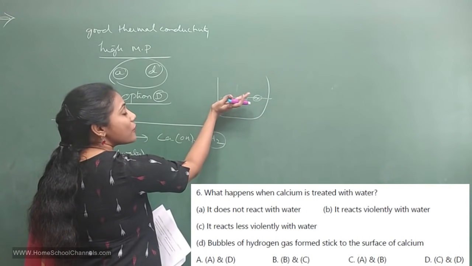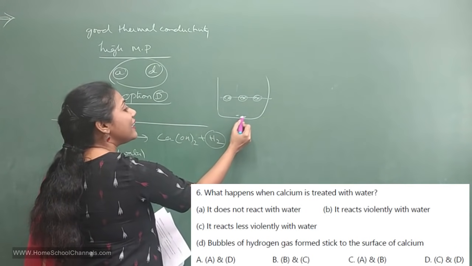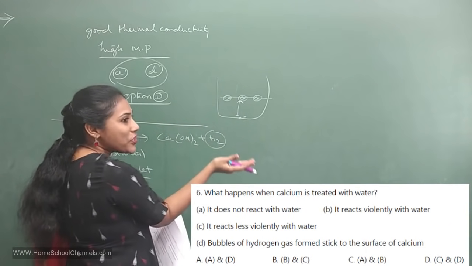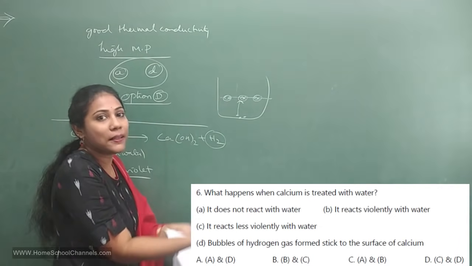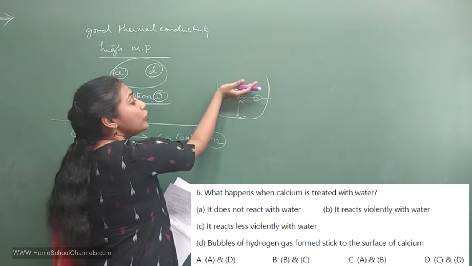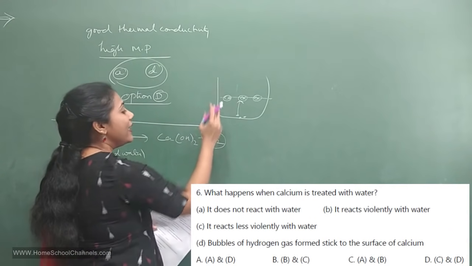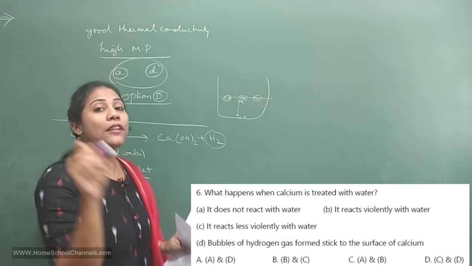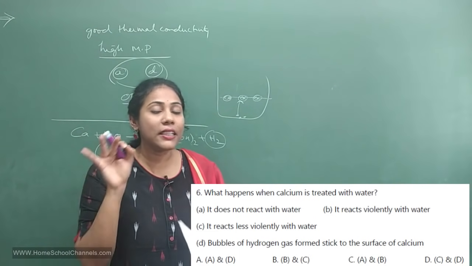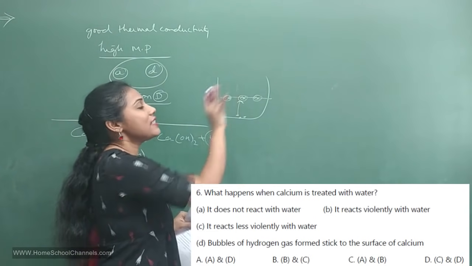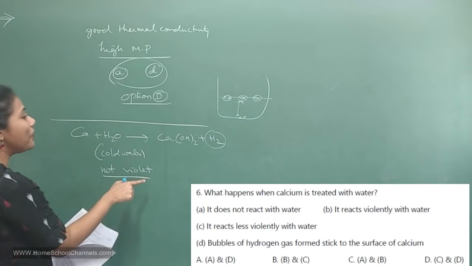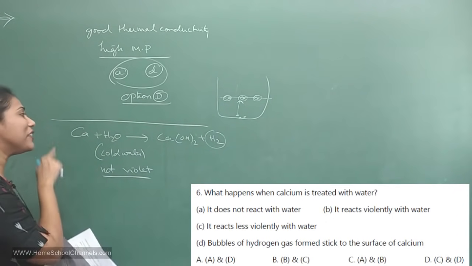So this gas will bring unreacted calcium pieces to the top. Hydrogen bubbles are bringing that unreacted calcium onto the surface. So that's why the unreacted calcium, the pieces which have not reacted, keep floating on the surface. It's because of hydrogen gas. So this is the concept of calcium reacting with water.